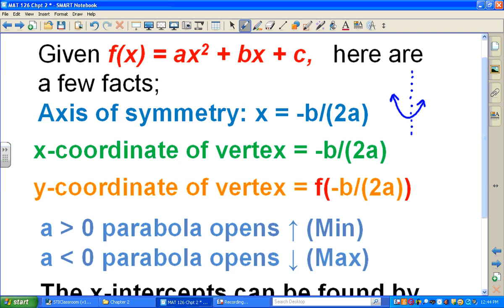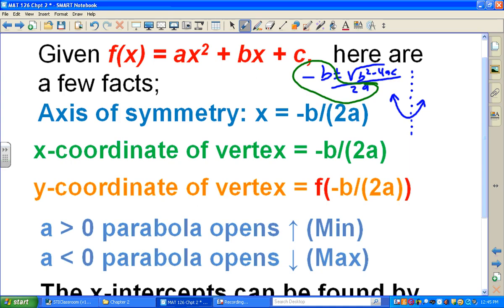That's how you find the equation for the axis of symmetry. It's no coincidence it comes from the quadratic formula. You know the opposite of b plus or minus la-di-da-di-da all over 2a? That's where it comes from. The opposite of b plus or minus square root of b squared minus 4ac all over 2a. It comes from this part right there, the opposite of b.